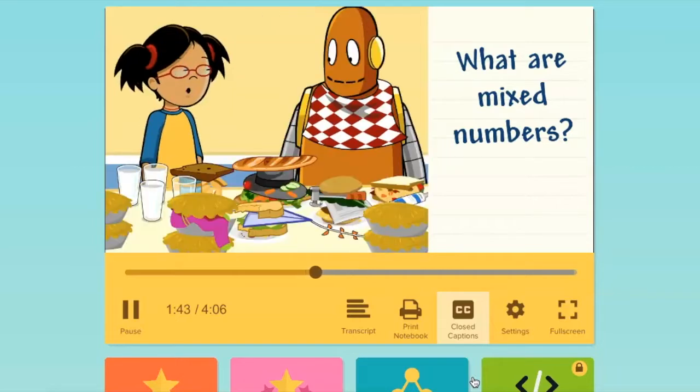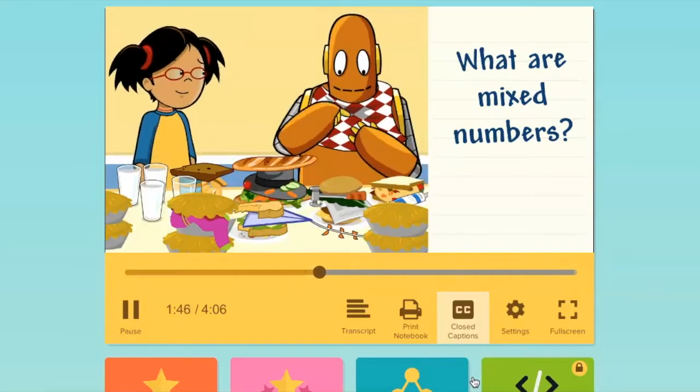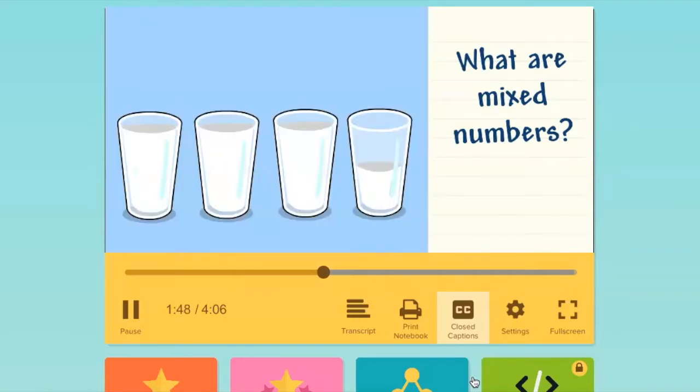How many glasses of milk do you have? Let's see, you have 1, 2, 3 full glasses. You also have a half a glass. So you have 3.5 glasses of milk. You can write this as a mixed number.